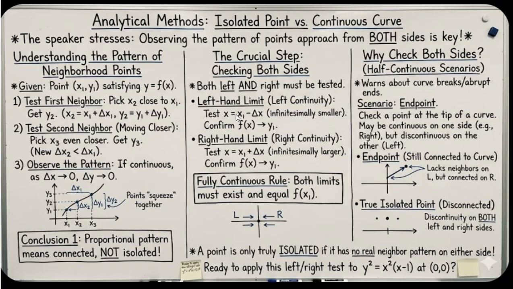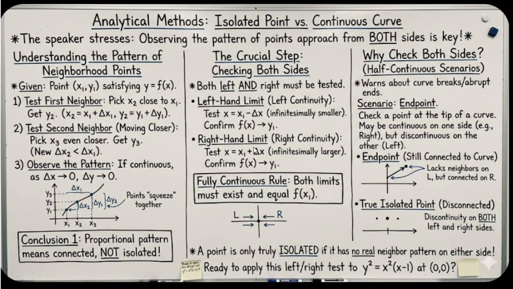Try to understand. Since y is equal to f of x, y1 is equal to f of x1 here. The limit of f of x as x tends to x1 becomes y1, which should be equal to f of x1, the function value. That means there is continuity, there is no gap, and all the closely associated points exist. With full continuity, we cannot say it is an isolated point.